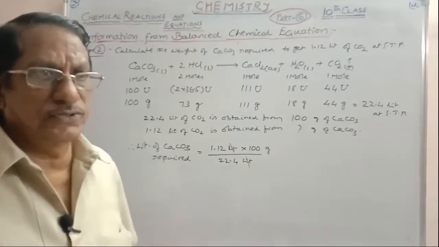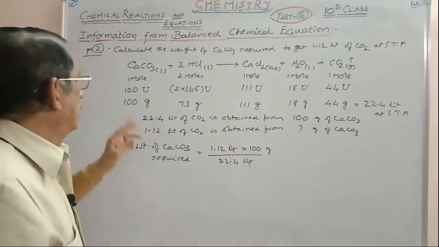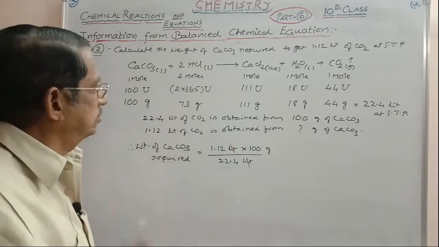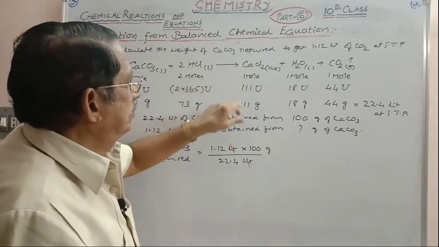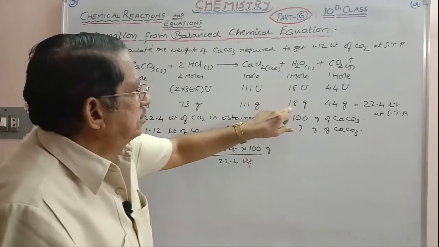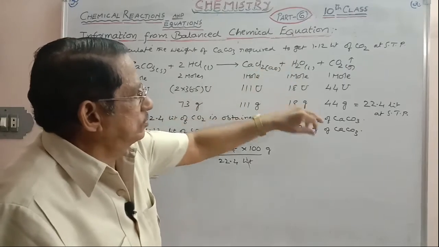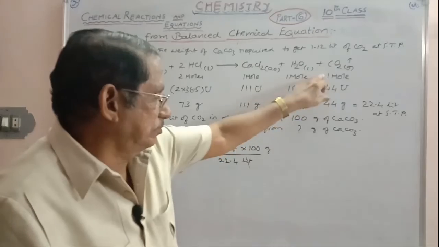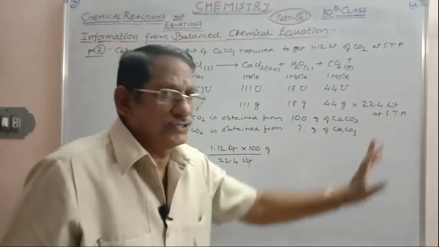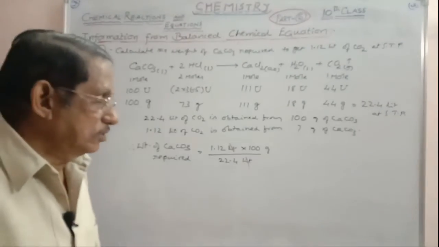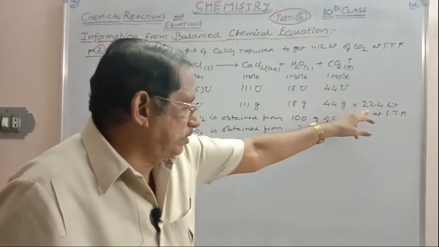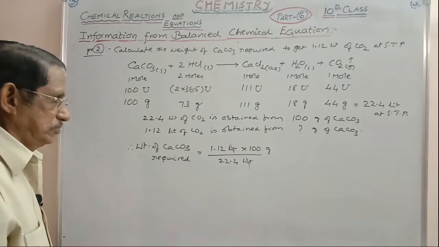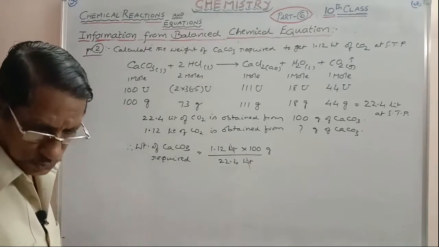If u is replaced by grams, you will get the moles. 100 grams of CaCO3 reacts with 73 grams of HCl to give you 111 grams of CaCl2, 18 grams of H2O and 44 grams of CO2. But you know, 1 mole, 44 grams, is equal to 22.4 liters at STP. So if you want to get 22.4 liters at STP, you have to take exactly 1 mole. 1 mole is equal to 100 grams. So this is the step now you can use.